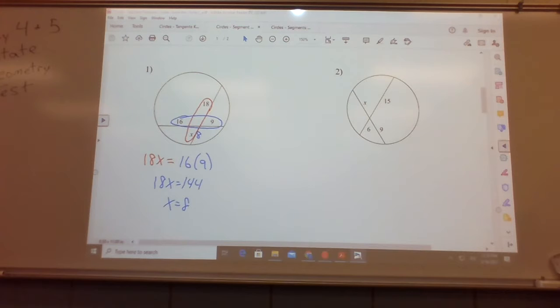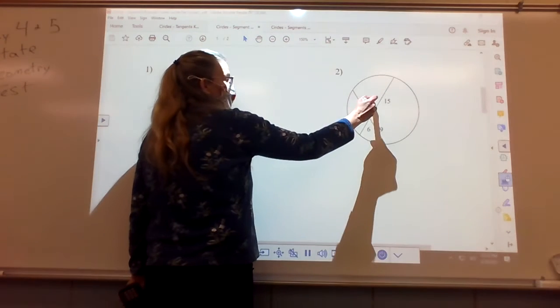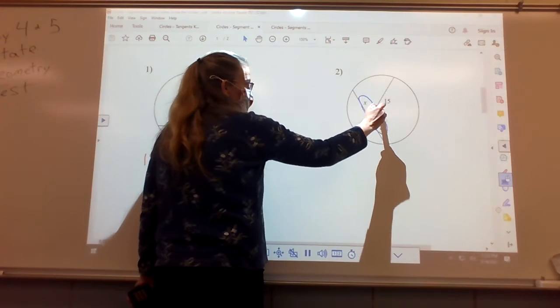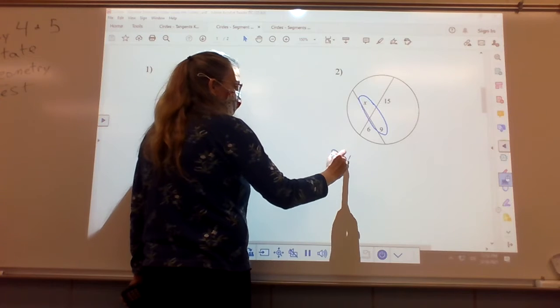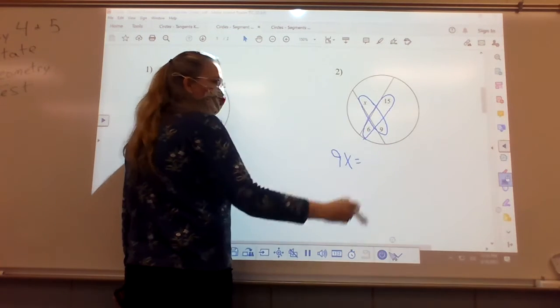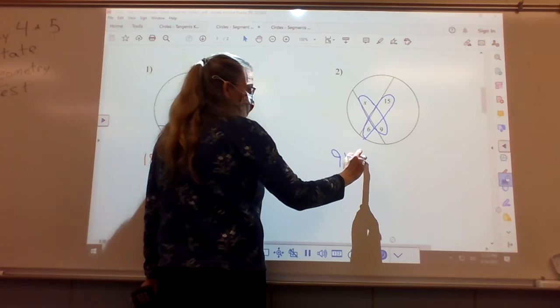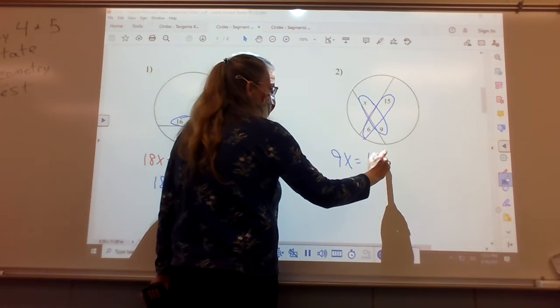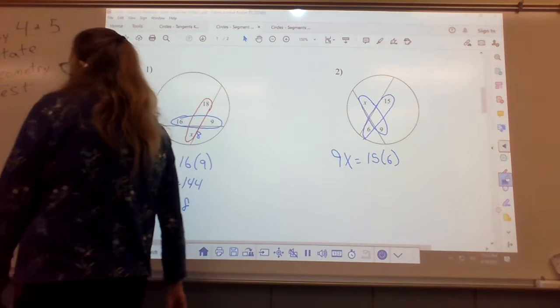Are you all right? Number 2, same thing. Multiply the 9 and the x together, 9x. Multiply the 6 and the 15 together. Doesn't matter which one's first because it's multiplication. So you can do 15 times 6 or 6 times 15. Won't make a difference.